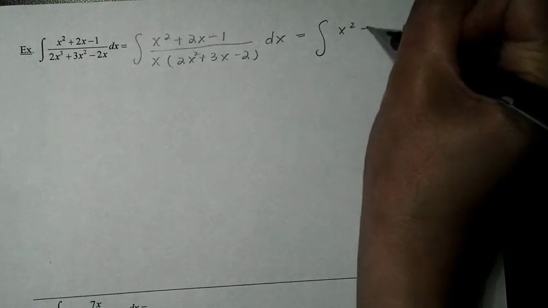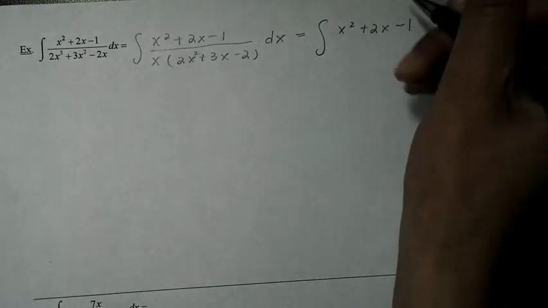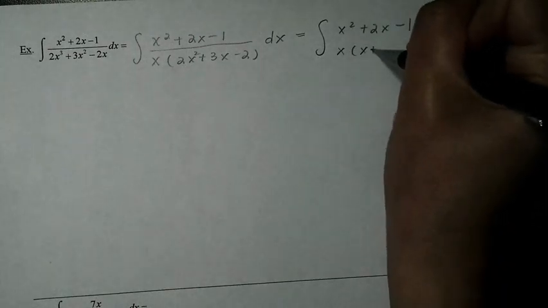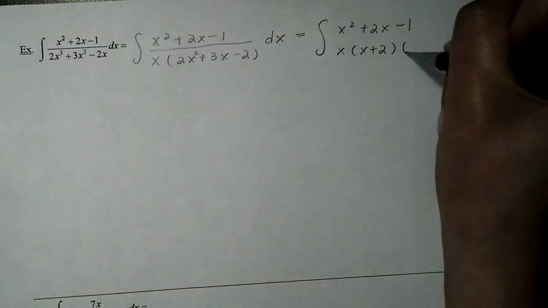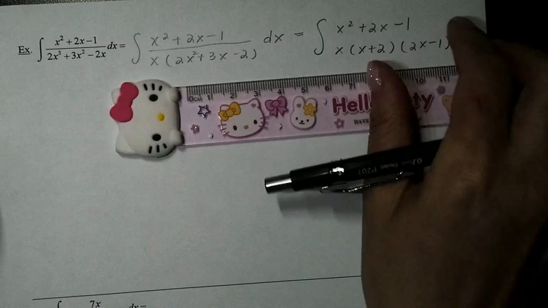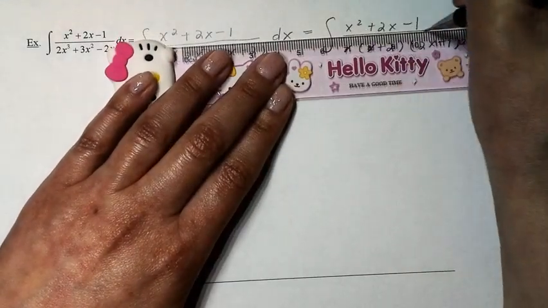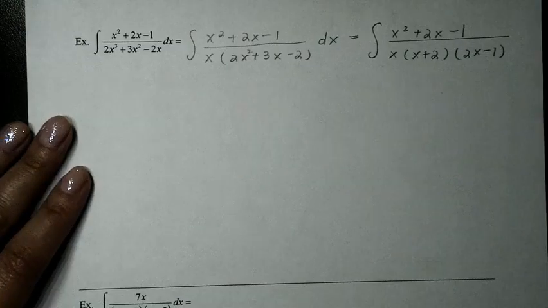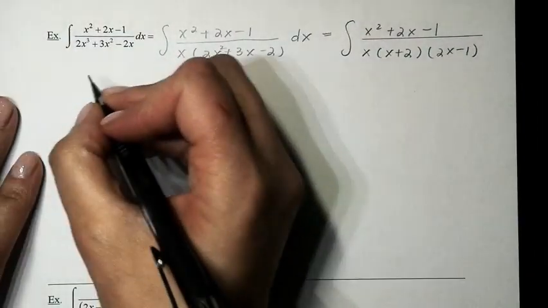Why? Because now you have a quadratic there, so what are your factors here? It's going to be x plus 2, and since you have the 2 there, 2x minus 1. So you have all your factors there. How many do we have in this situation? We have 3. Doesn't matter.